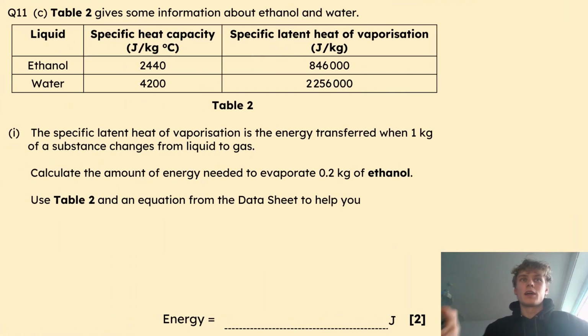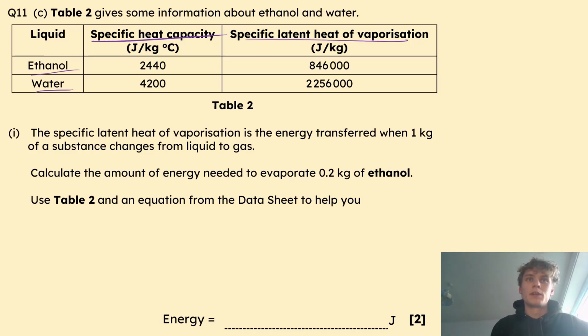And the first part gives you the specific heat capacity and the specific latent heat of vaporization of ethanol and water. And the first part says the specific latent heat of vaporization is the energy transferred when 1 kg of a substance changes from liquid to gas.